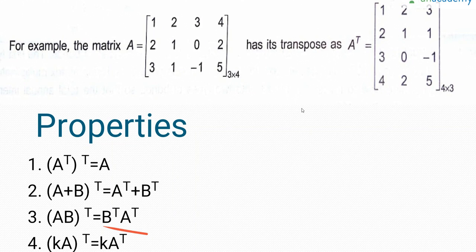That is, AB is converted into BA, with B transpose and A transpose. If we have to take the transpose of a matrix that is multiplied by a scalar, then the result will be simply k taken out and A transpose.